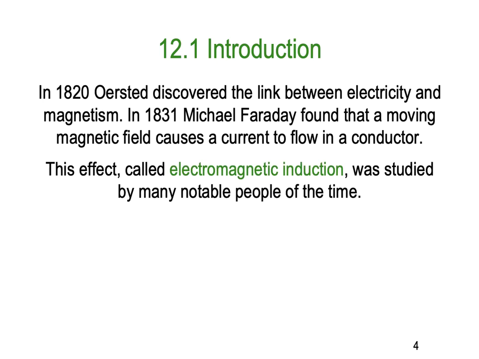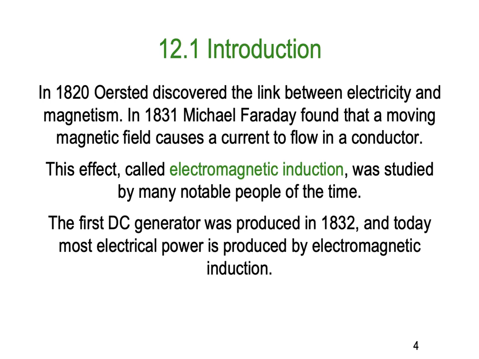The effect, called electromagnetic induction, was studied by many notable people of the time, the names of which are now many of the units that we use in electrotechnology. The first DC generator was produced about 1832, and today most electrical power is produced using electromagnetic induction.